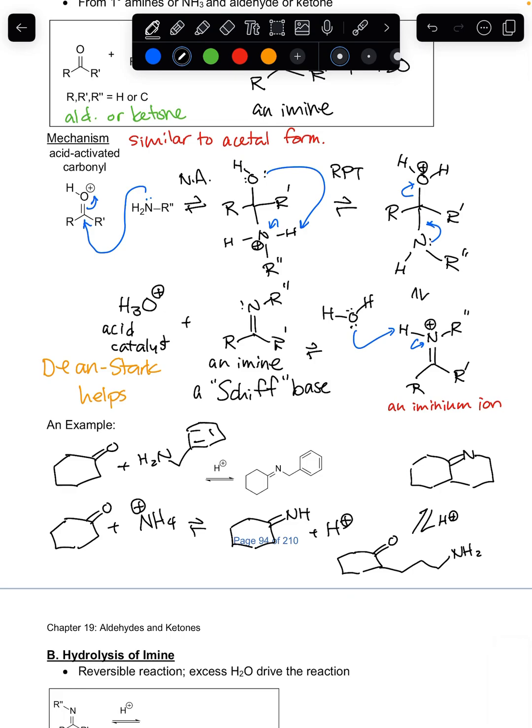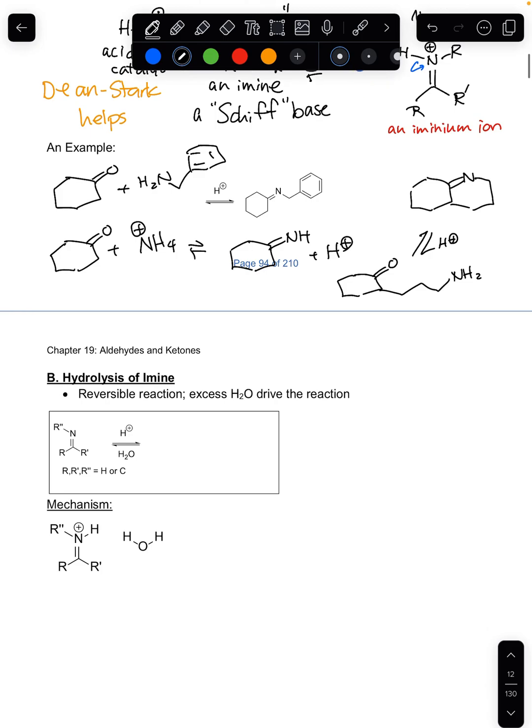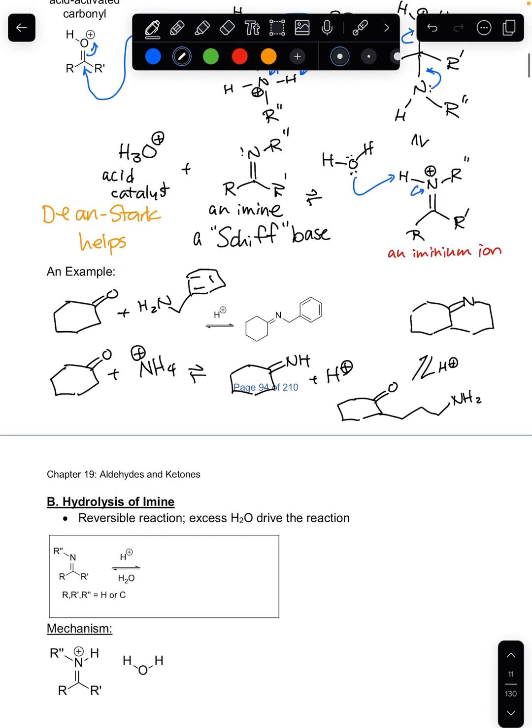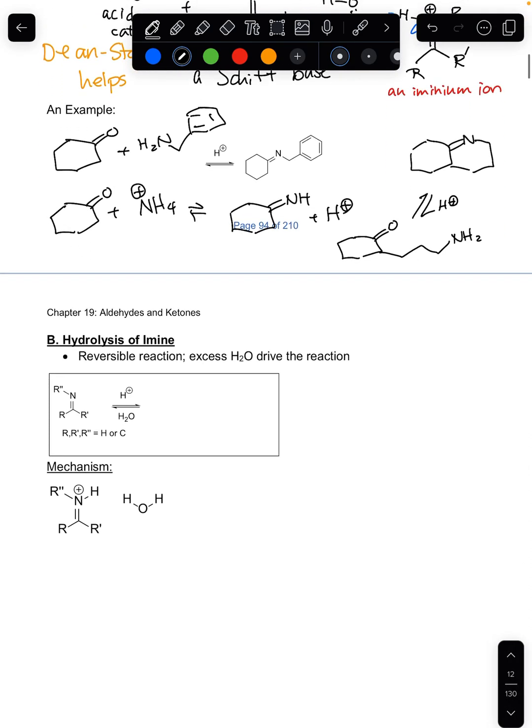Okay. Just like we learned with acetals and hemiacetals, because these are all reversible steps, the inverse or the opposite of imine formation can happen if you have enough water to drive the reaction. Think Le Chatelier's principle, right?